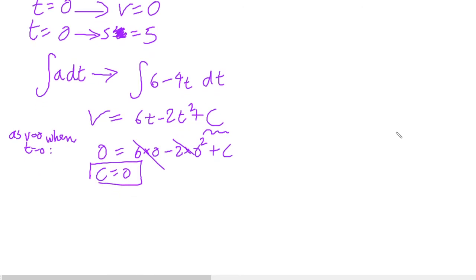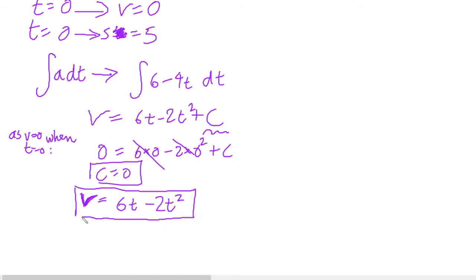So the velocity is 6t minus 2t squared plus 0, which I'm not going to write down because we just know that this c, the constant of integration when doing an indefinite integral with no bounds, is equal to 0. So v is 6t minus 2t squared.